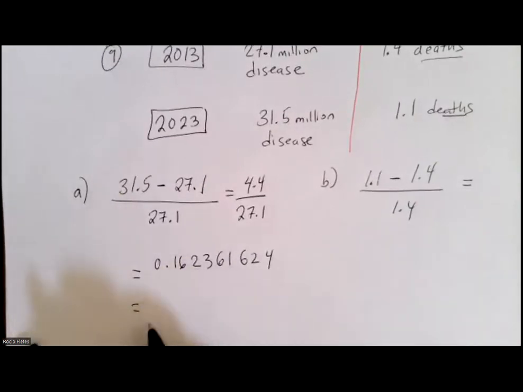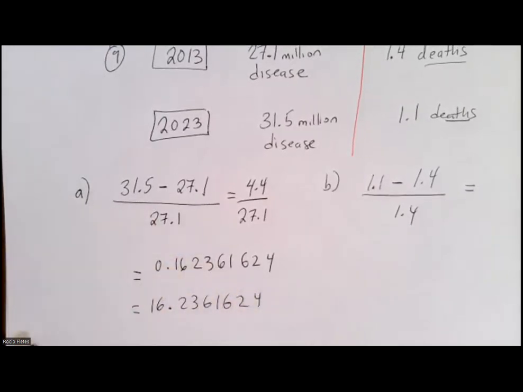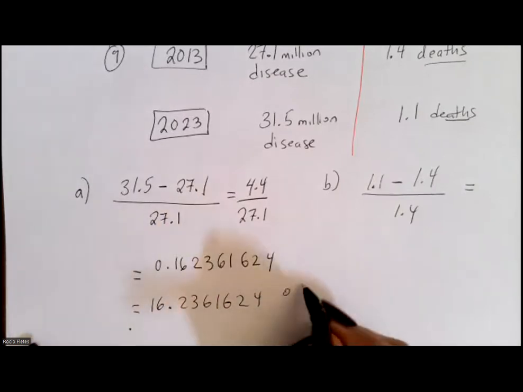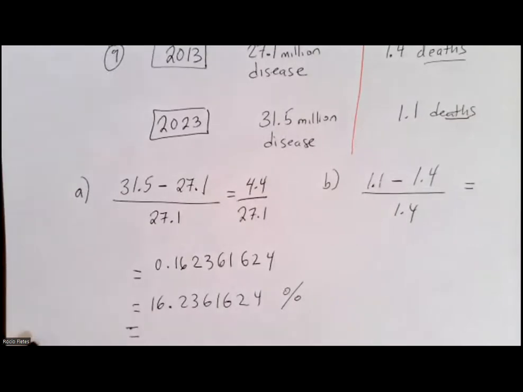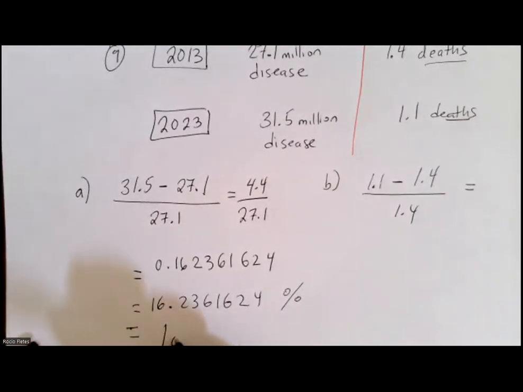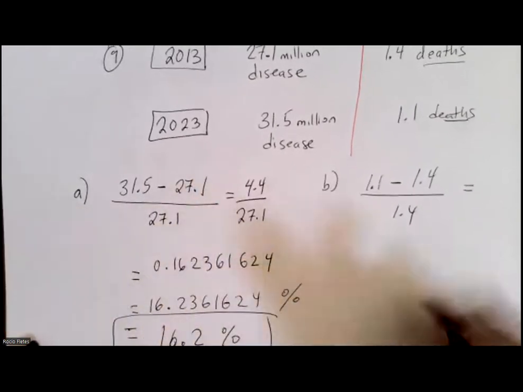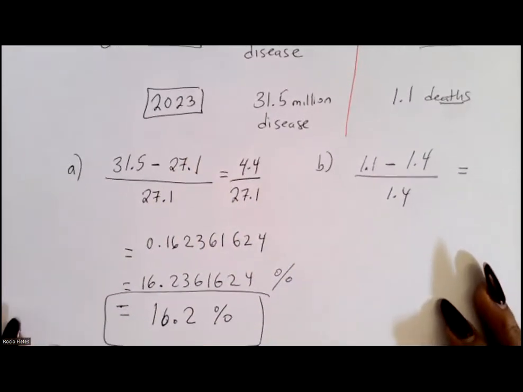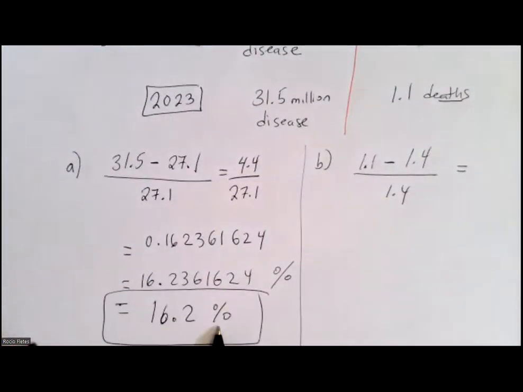If you multiply by 100, you get 16.2361624. Remember that it moves 2 places to the right, and then you add the percent sign next to it. And the very last answer, you want to round to the nearest 0.1%, which is 16.2%.